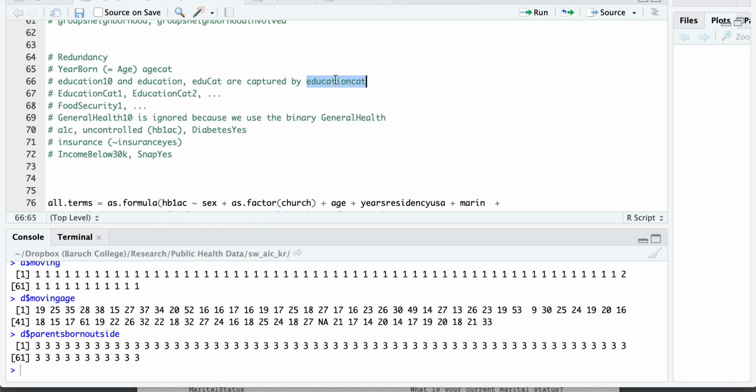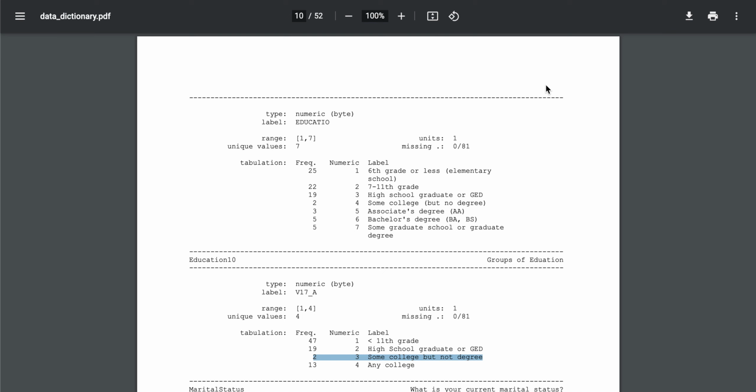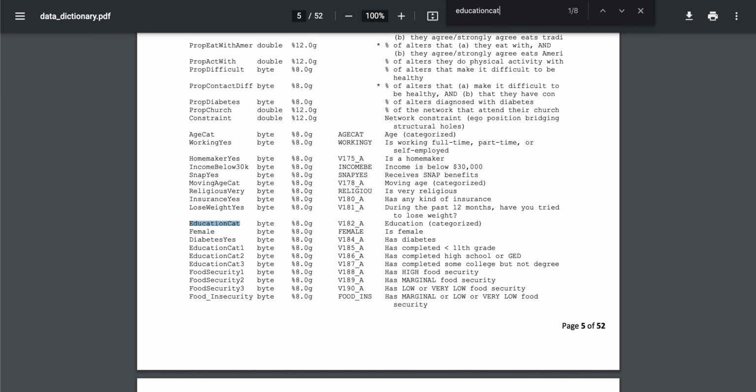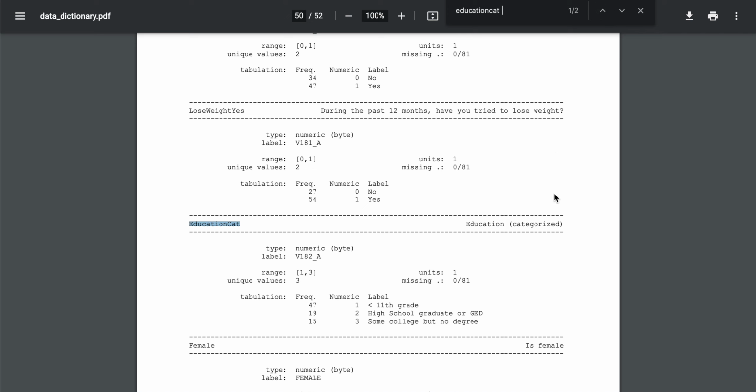I'm using education cat, and let's see what that is. I did that before. Okay. Yes, categorized. Below 11th grade, high school graduate, or GED, some college but no degree. And let's see, it says no degree.